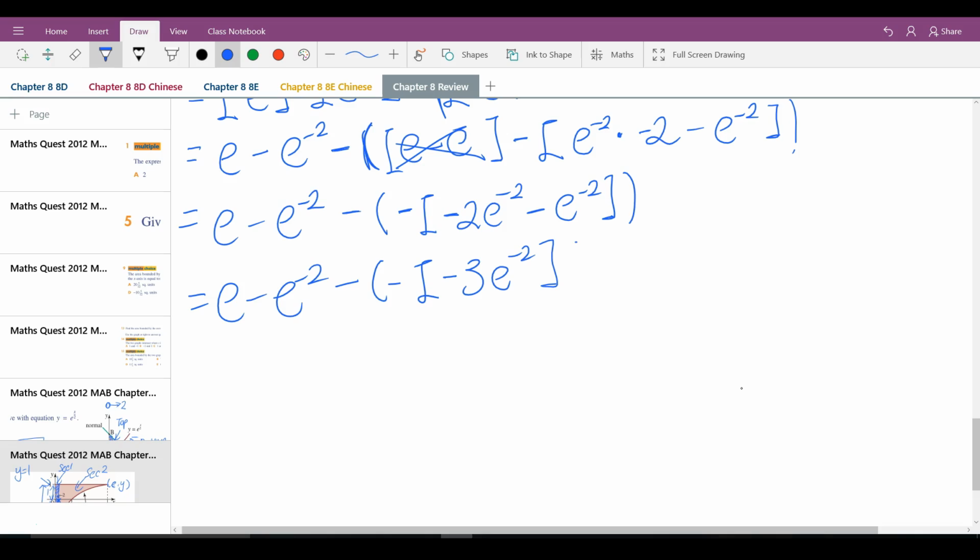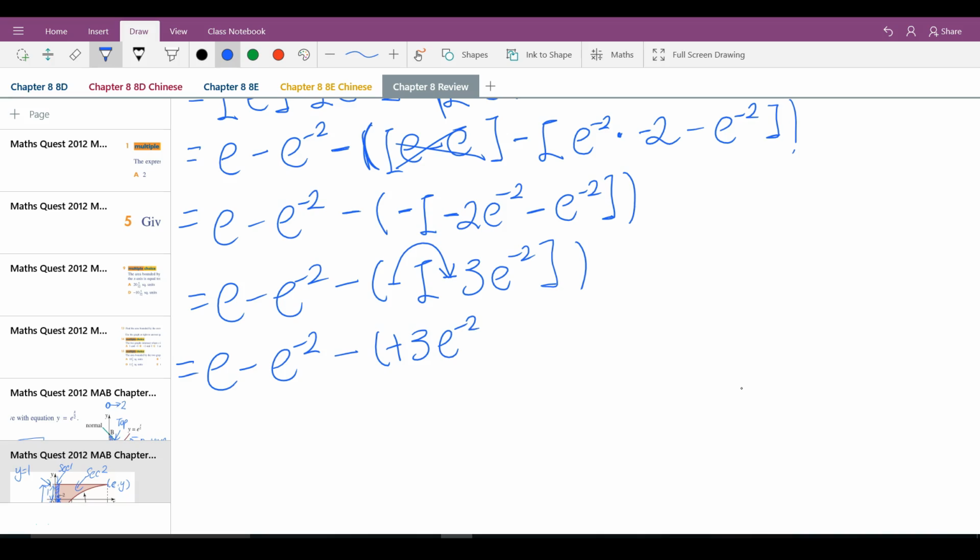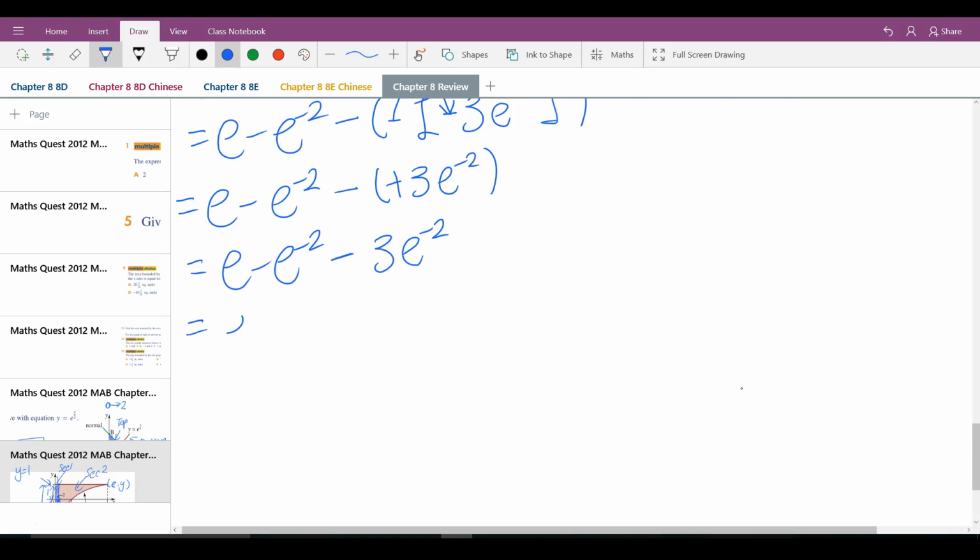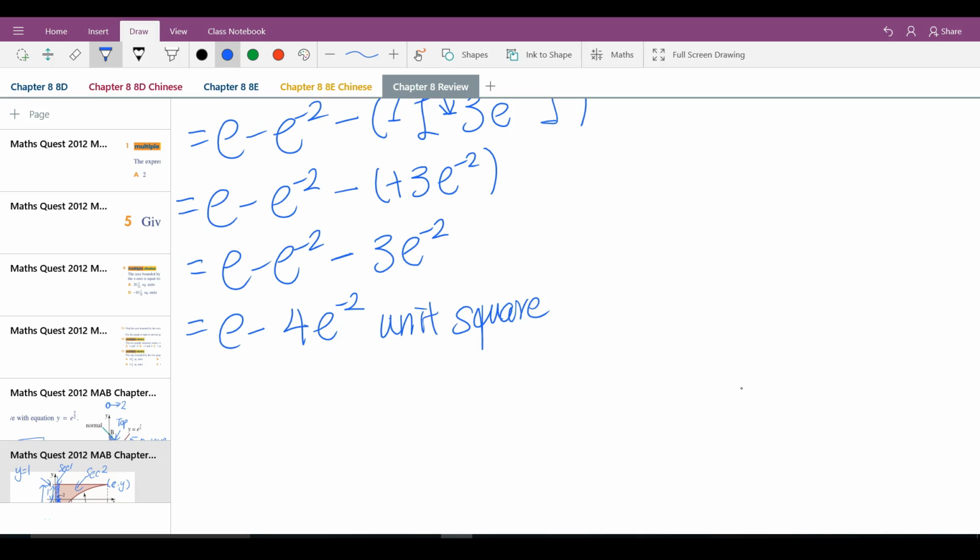Now, when you expand the most inner bracket, negative becomes positive. But don't forget, there's another negative sign expanding into the brackets. Minus 3. And now that is the same as e minus 4e to the negative 2 unit square, because that's the area of section 2.